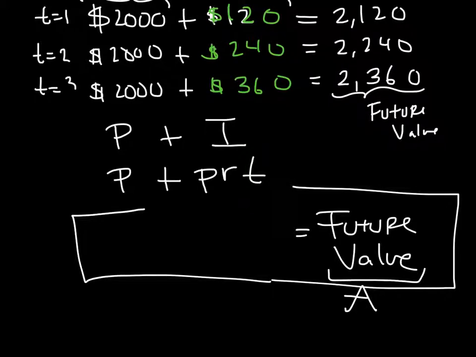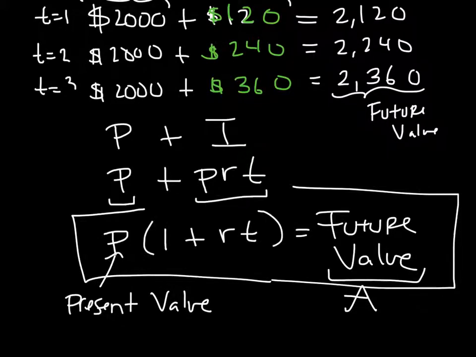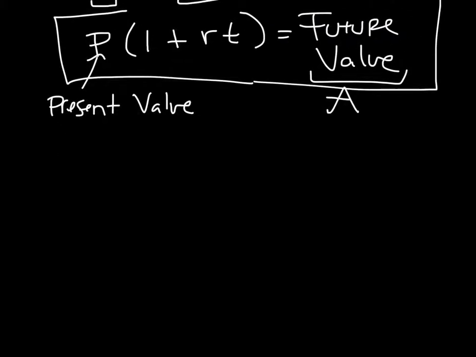And the principal P can also be thought of as the present value. It's our principal, but present value, how much you presently have. So let's do a quick example of finding the future value for simple interest.